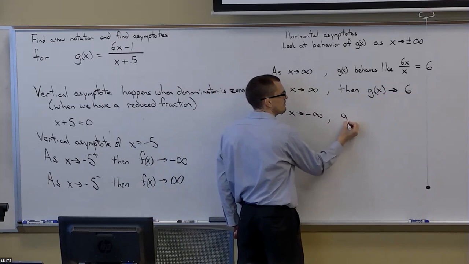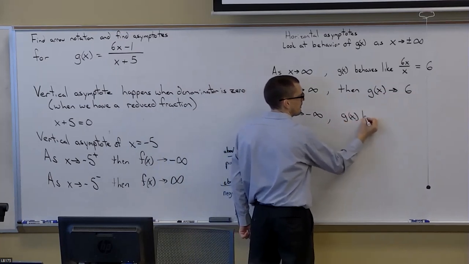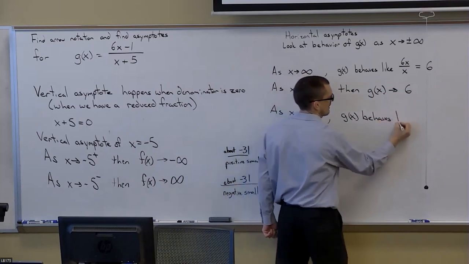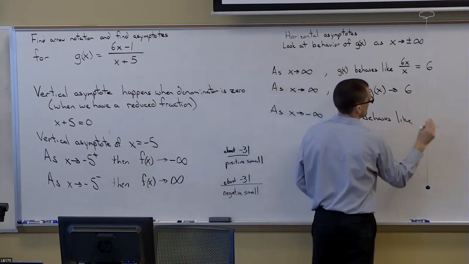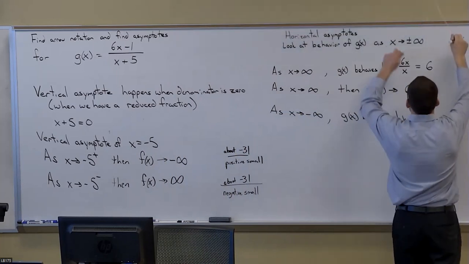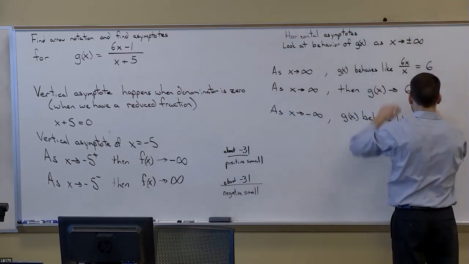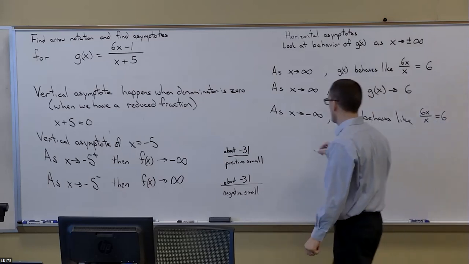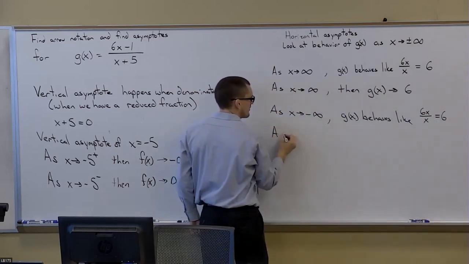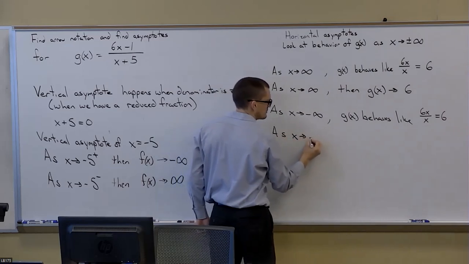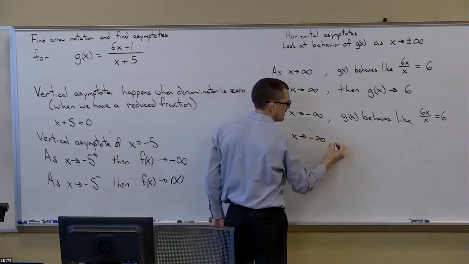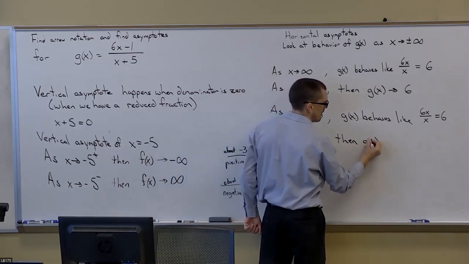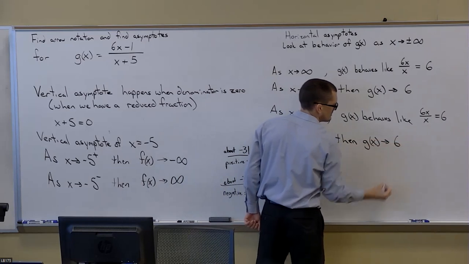Now that's the same way in the other direction too. So as x goes to negative infinity, then g of x also goes to 6.